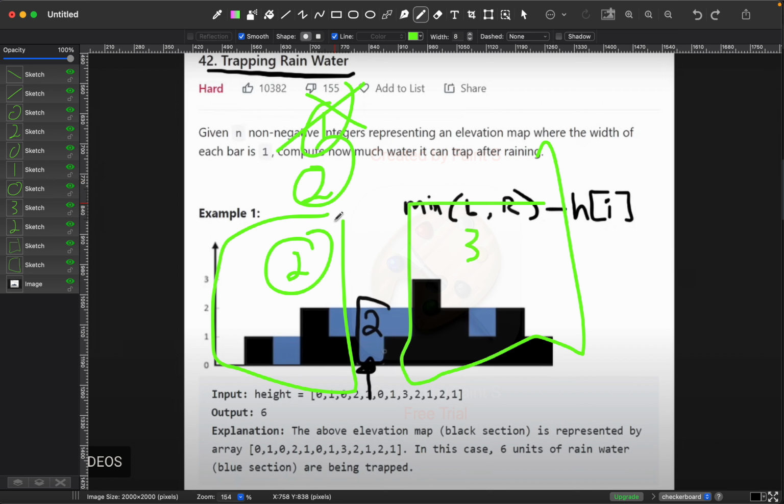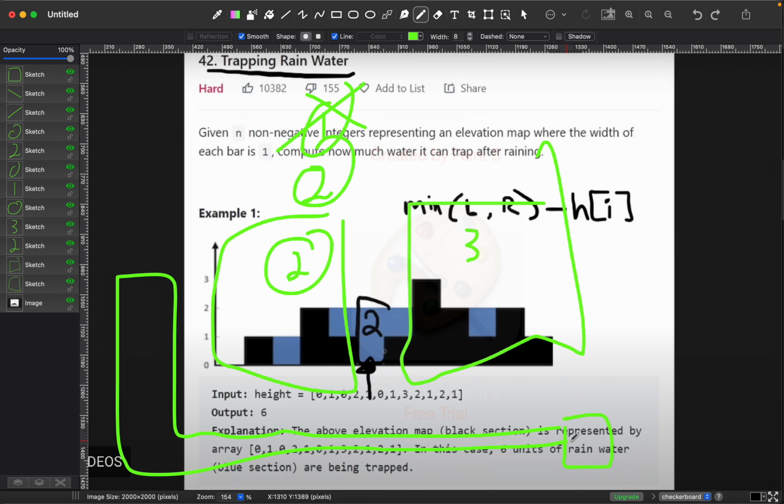For stage 2, it's taking the minimum of either of these. The reason is, say you have the water again and the same old wall. What if one wall is shorter than the other? What if this wall is just this height?